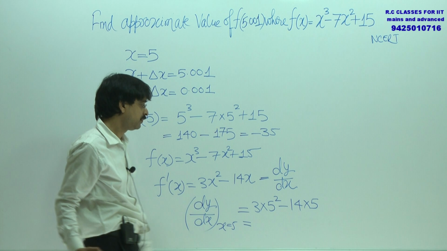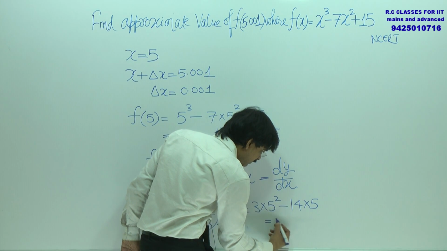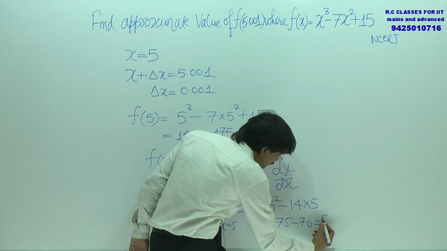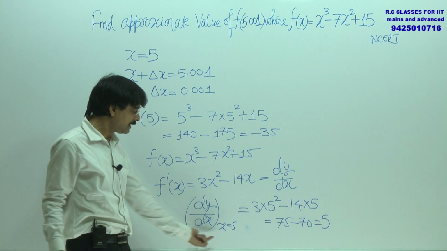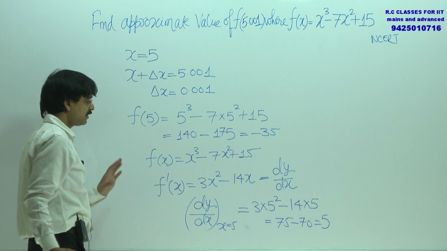So that will become 25 into 3, 75, minus 70, which is coming as equal to 5. So that dy by dx at x equals 5 is coming as equal to 5. That is f dash x.